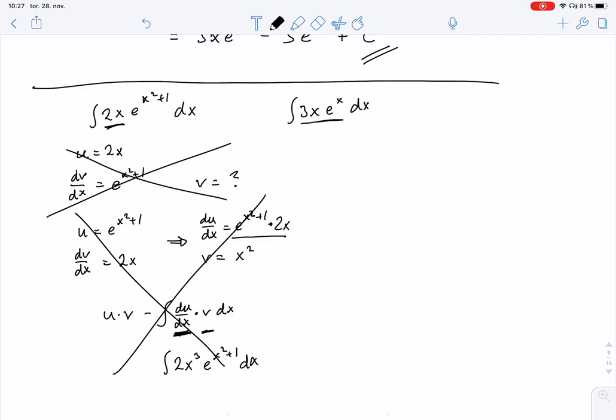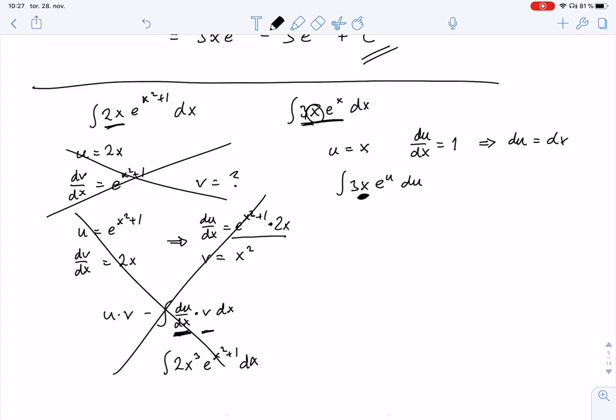Likewise, I cannot use substitution on this, because if I put u equals x, I will not really get rid of this one. You can try that by yourself. But the main thing is that this will become 1, so the u will equal the x, so I will have 3x e^u du, and I will still have the x here.